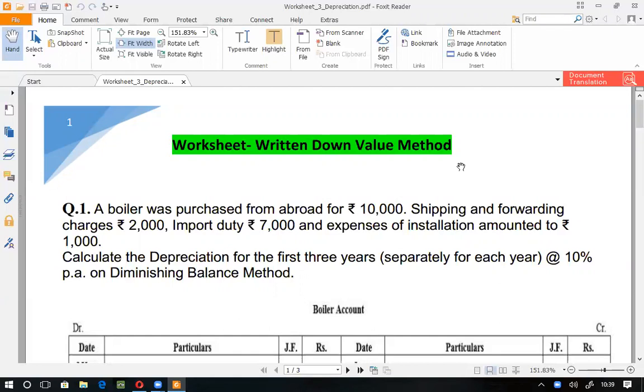So I told you diminishing balance method is written down value method only. You can call it diminishing balance method, you can call it written down value method, you can call it decreasing balance method. Anything which is decreasing by the name, it comes under written down value method. So there are many names, you can call it with any.